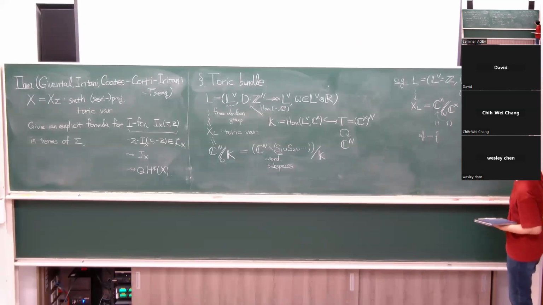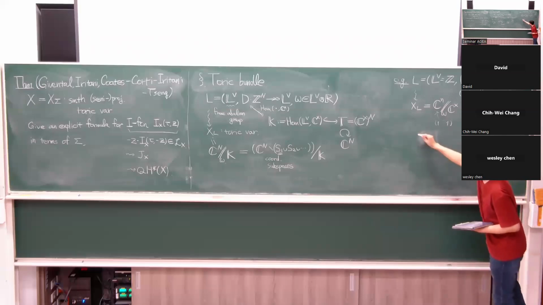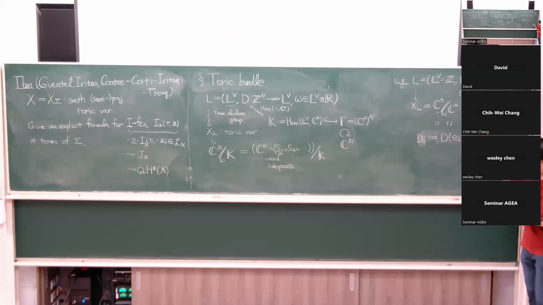First we consider, okay, then let D_i be the image of the i-th basis vector.